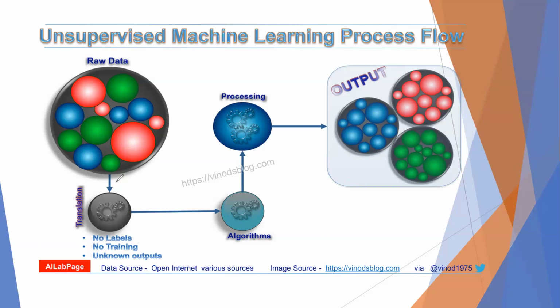After that, I'm going to predict whether this image is similar to object X or object Y. After that, we will check the output relevancy. If it is correct, then we will group it into that one. Otherwise, we will check again. This kind of thing is done in unsupervised machine learning.